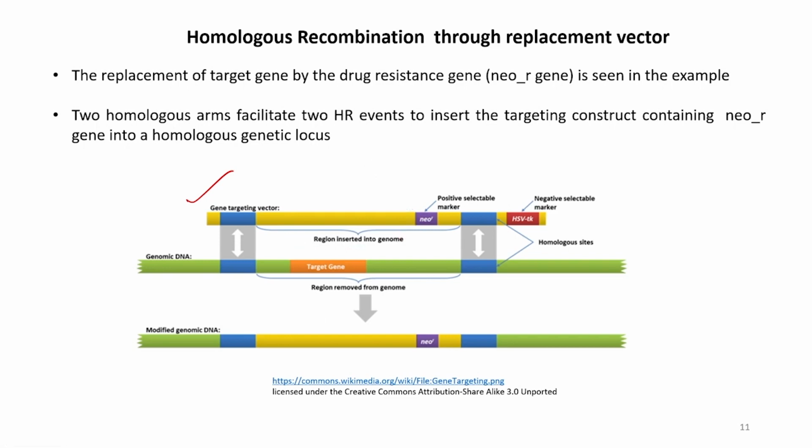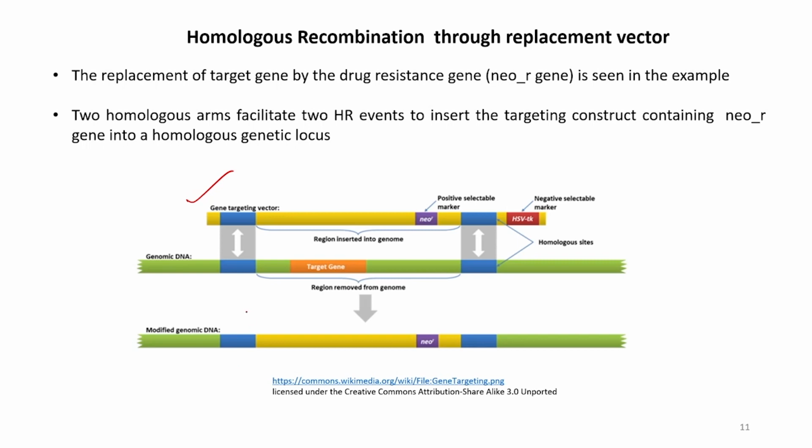The replacement of the target gene by the drug resistance gene can be seen in this picture. So, the two homologous arms would facilitate two homologous recombination events to insert the targeting construct retaining the neo-R gene into the homologous genetic locus.